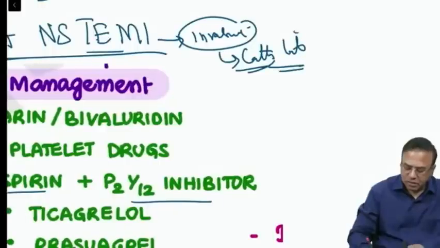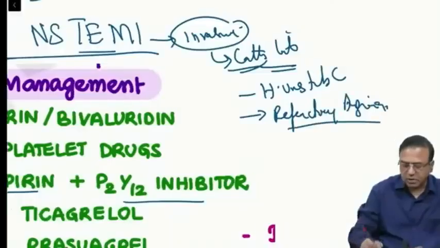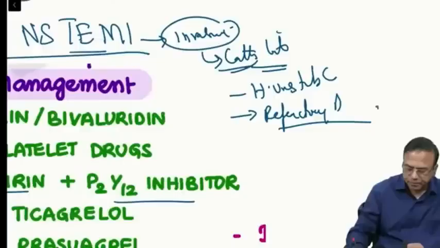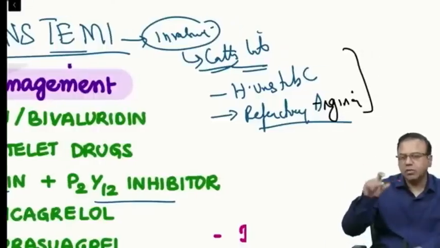If the patient is hemodynamically unstable or has refractory angina, refractory to the initial medical treatment, where the pain is not coming down, these are indications for taking the patient to the cath lab within 2 hours, and you are doing angiogram.